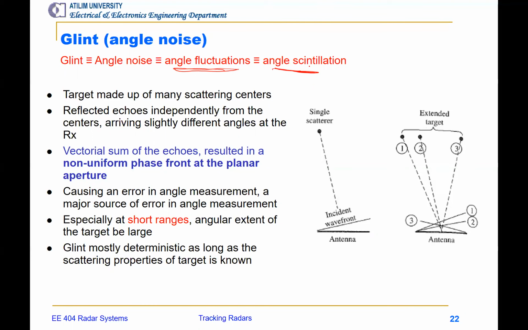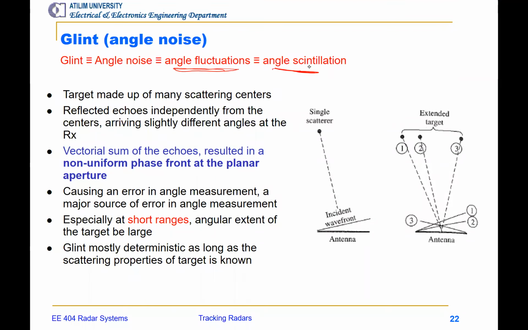And if the target is large and if there may be discontinuities or composite materials, there's going to be different signals created by the target, and the echo signal will be a composition of these signals. This causes a non-uniform phase at the planar aperture of the radar.